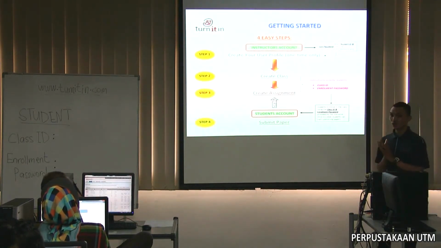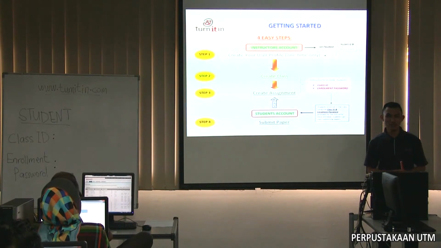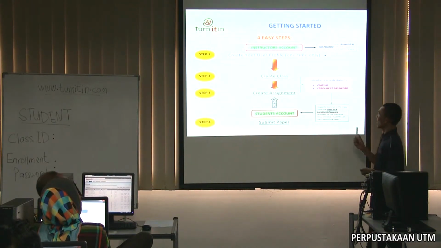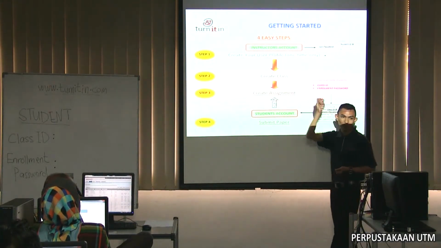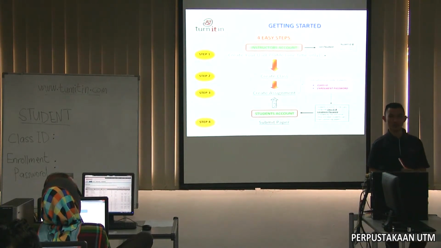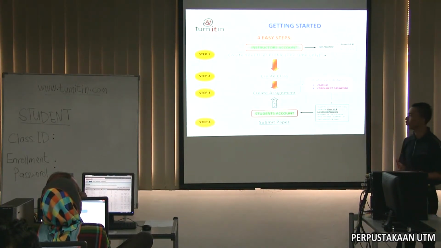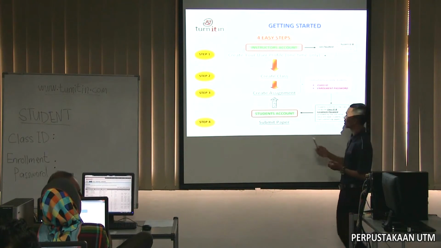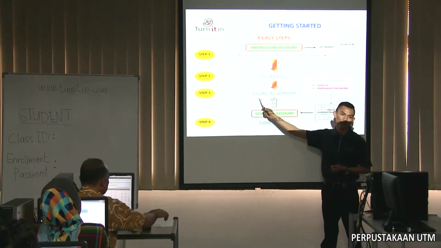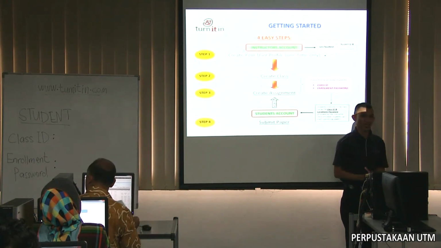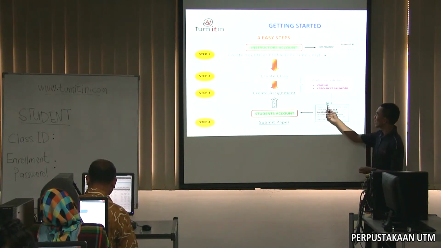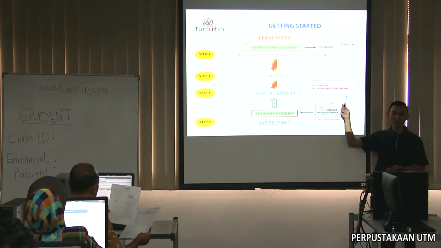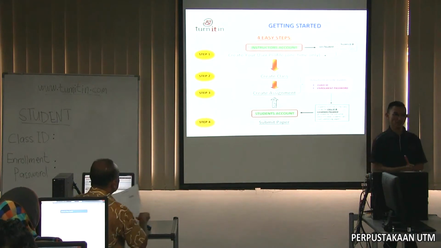So in order for you to use Turnitin, there are 4 easy steps, very simple. The first is a one-time process only. Of course, you have to create your own user profile first. Once you have your own user profile, the role of the lecturer will be to create a class and create an assignment. Once you have created the class and the assignment, you have to provide your students with the class ID and enrollment password. That's it.